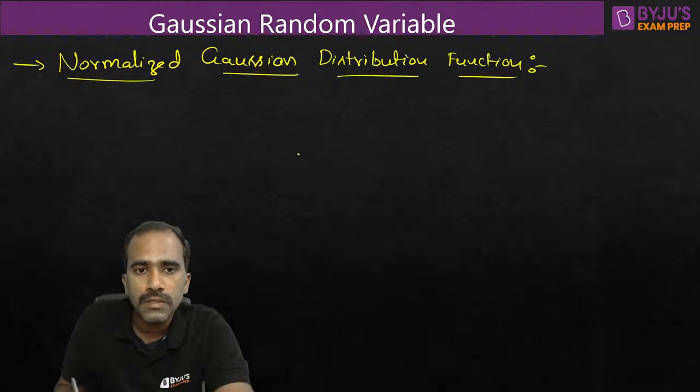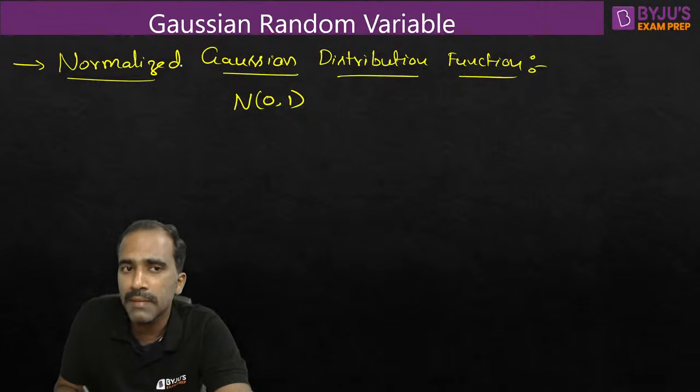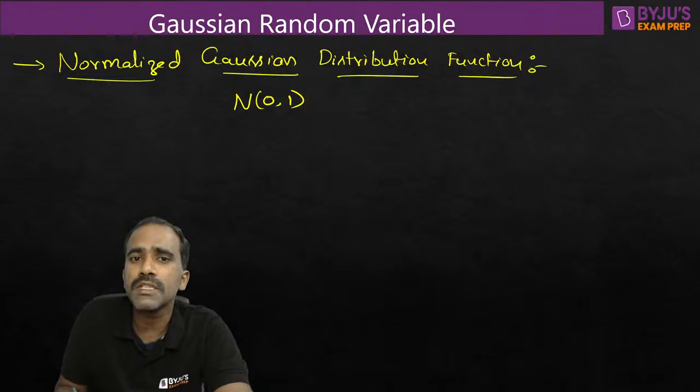So what do I mean by normalized Gaussian distribution function? A normal distribution function with a mean of 0 and variance of 1, that is what I mean by normalized Gaussian. A Gaussian distribution function with 0 mean and variance 1.